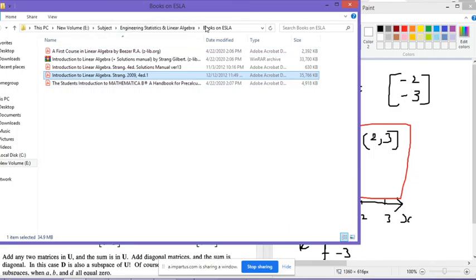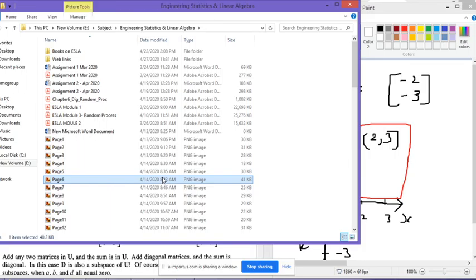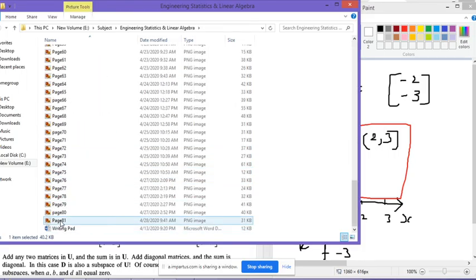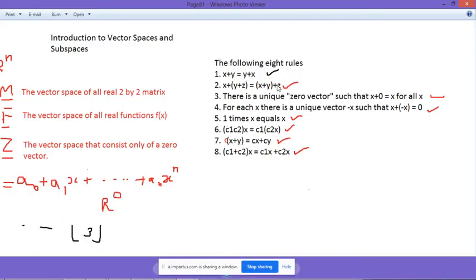Let's bring this back. What was the second rule? If we look at the sixth rule here, it is violated.